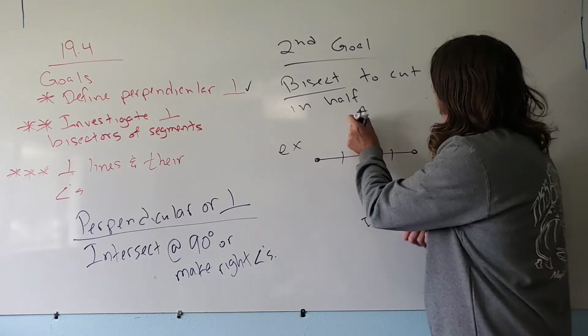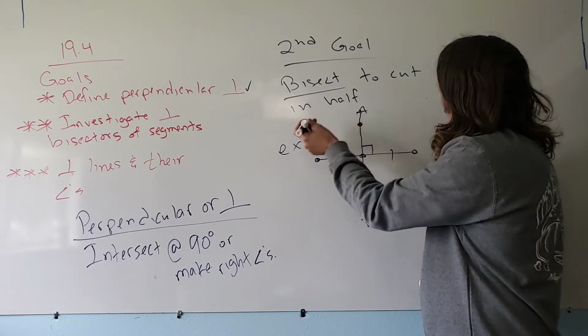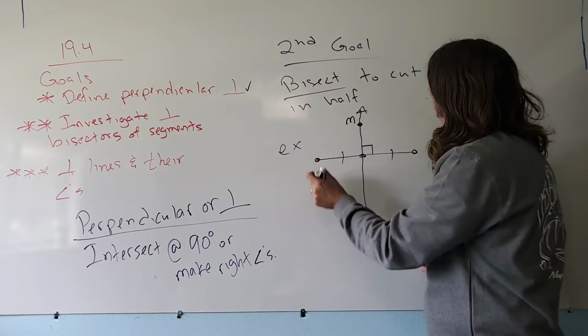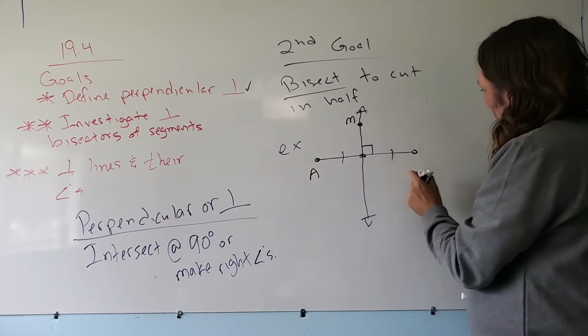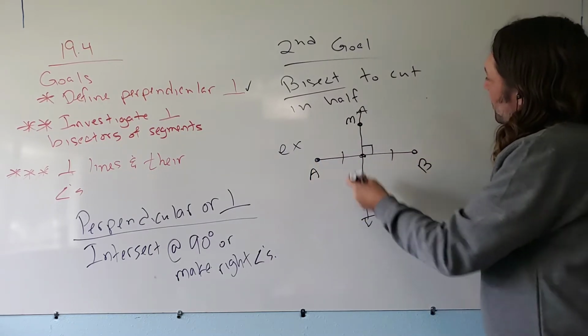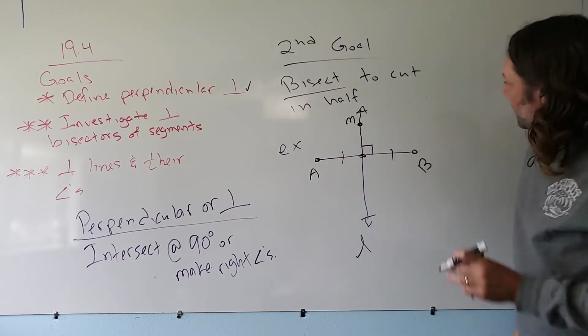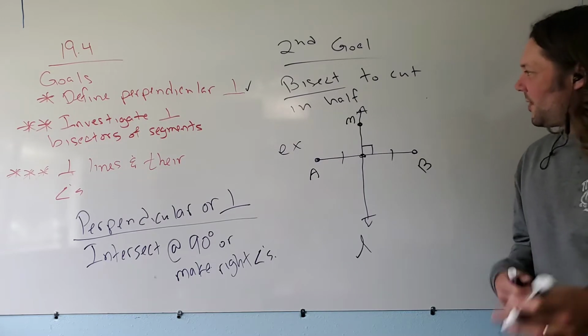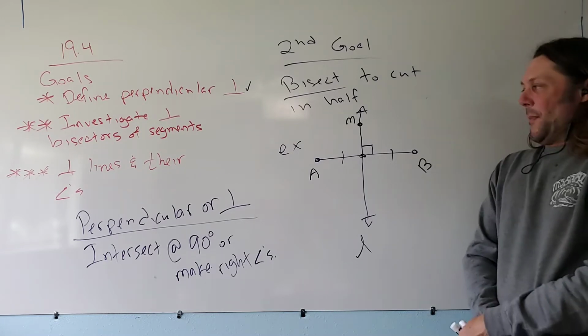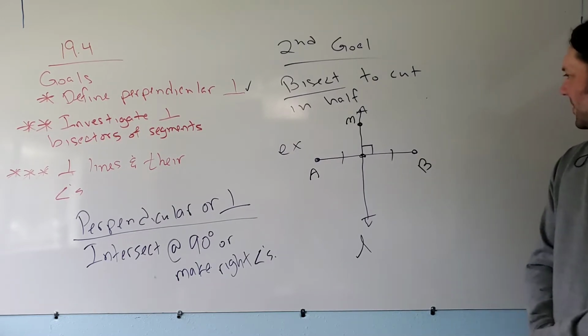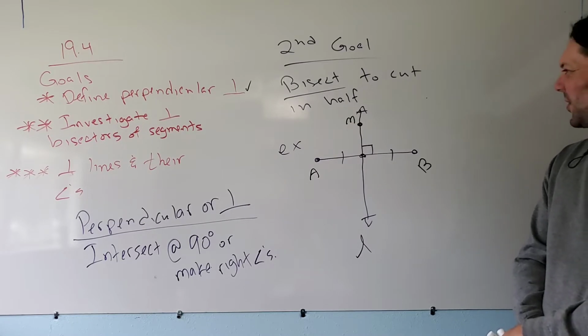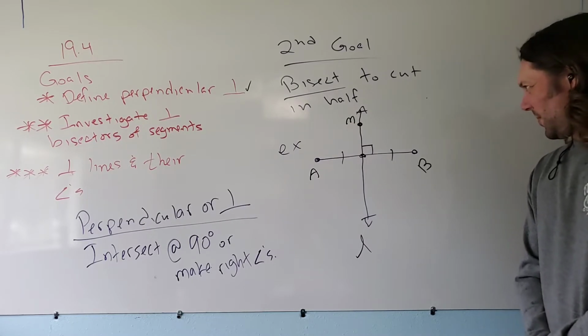If I have a random point, we'll call this point M, and I have my segment AB that was perpendicularly bisected by this line L, and point M is just a random point on the perpendicular bisector. Now, there's going to be something that we can kind of reason our way through.